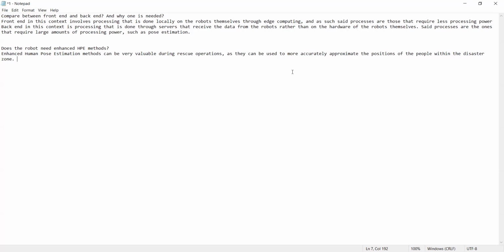So in a rescue site, you might have one family located in close proximity to each other, like father and son, for example, and then you should be able, as a robot, to tell from the pose estimation whether this is one person or two. Because of course, if the robot only understands he's dealing with one person, he might harm the other one.